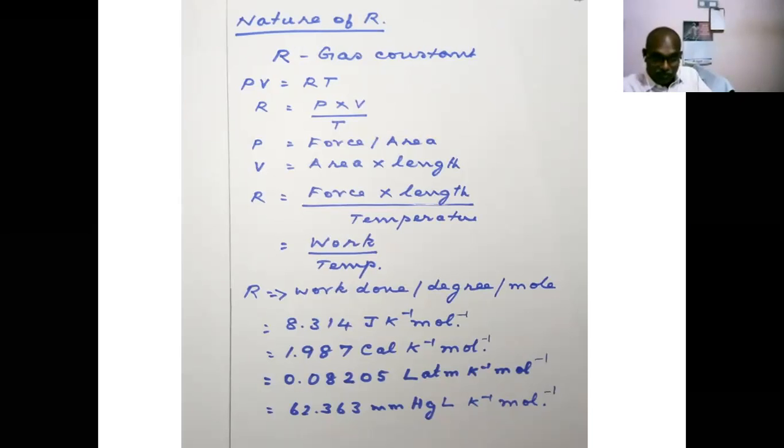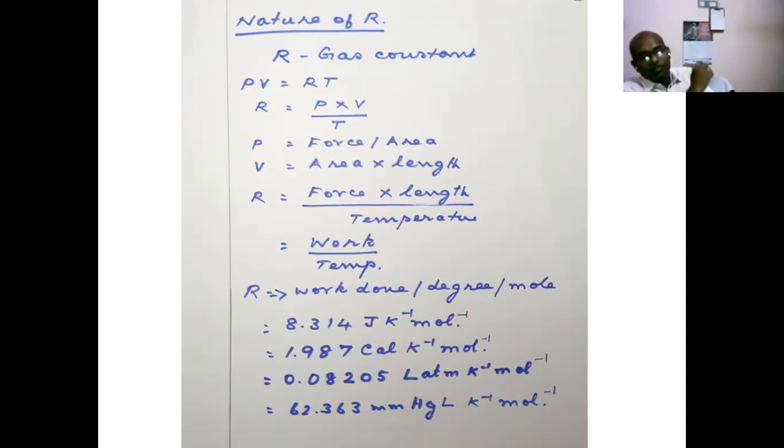So this R can be expressed in different units: joule per Kelvin per mole, calorie per Kelvin per mole, liter atmosphere, that is pressure into volume. Pressure into volume itself is a work unit. And the same thing can be expressed in millimeter of mercury into liter also.